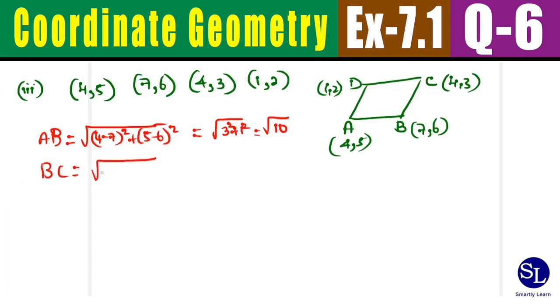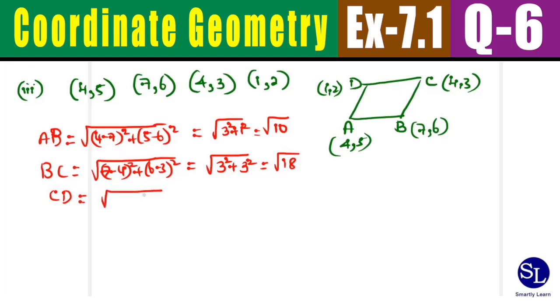BC is the square root of (7-4)² + (6-3)², which is 3 squared plus another 3 squared, which is root 18. Now let's compute CD. CD is the square root of (4-1)² + (3-2)². This is root of 3 squared plus 1 squared, which is equal to root 10.